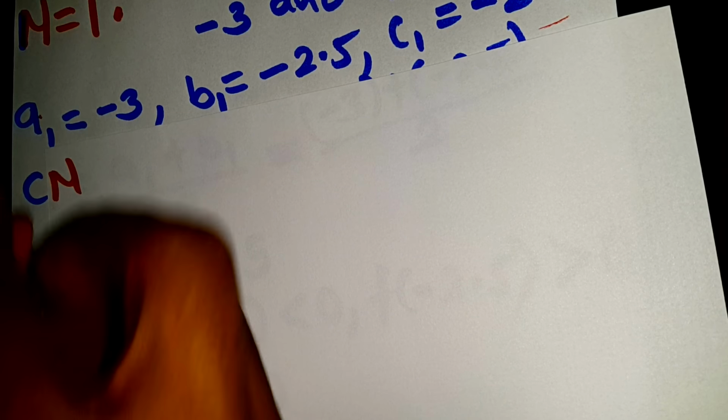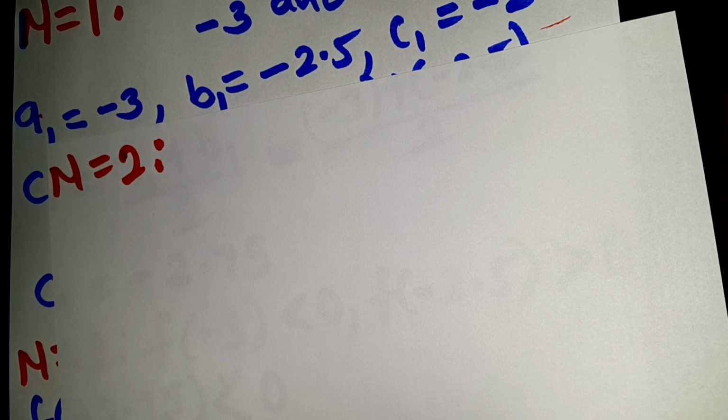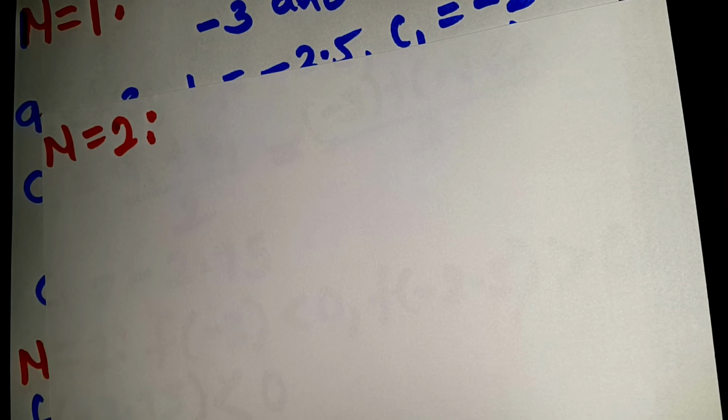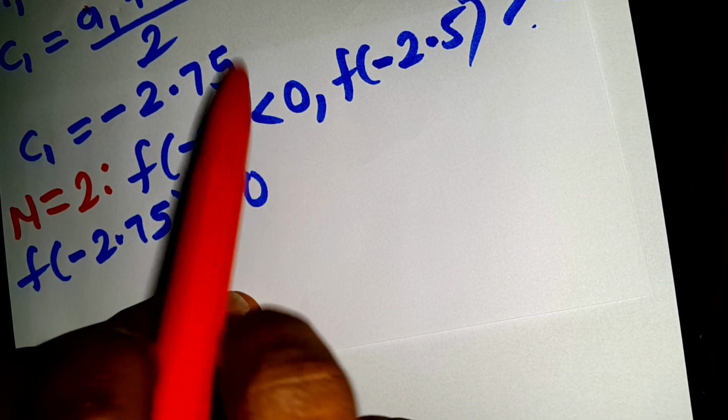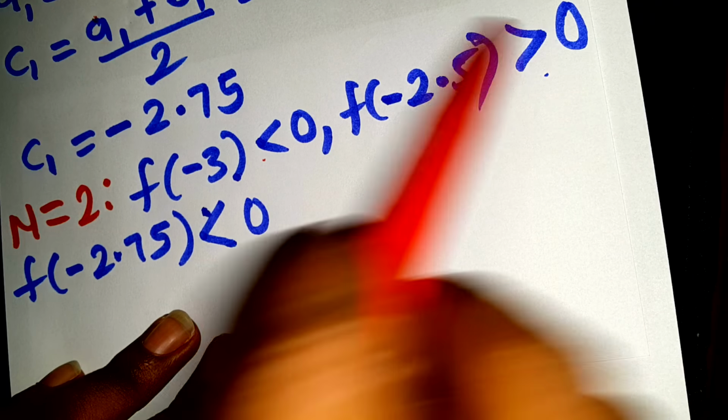So n equal to 2. Which one are we choosing here? You have to choose between this and this, or this and this.